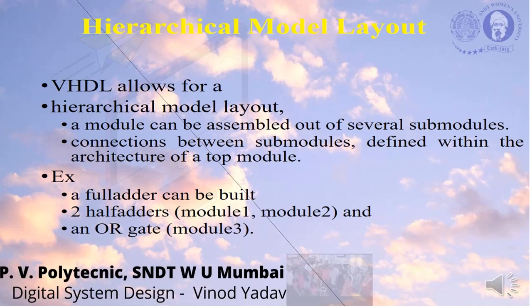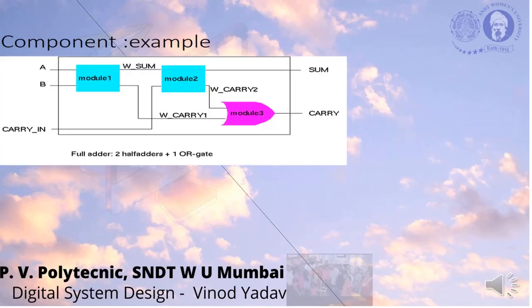So two modules of half adder and one module of OR gate. In total we require three modules to make one full adder. Such hierarchy is available in VHDL. In this example, you can see that we have inputs A, B and carry in. The outputs are sum and carry.